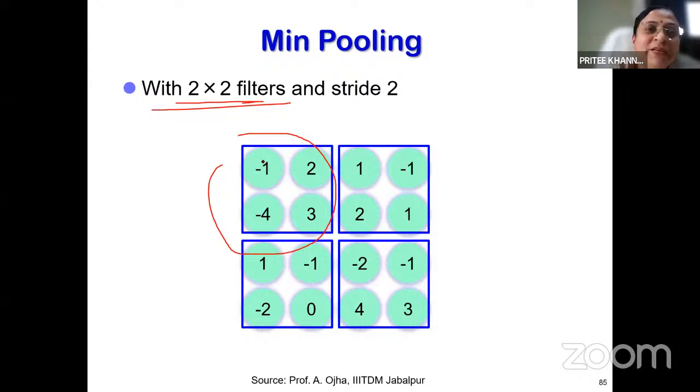So these 4 pixels were there, and then stride is 2. You can see these 4 pixels, then these 4 pixels, like that. Now in this group, if it is min pooling, you will keep the minimum one. If it is max pooling, you will keep the maximum one. If it is average pooling, then you will take the average of these 4. So instead of this 4x4, we will get an image of 2x2. So that is pooling.